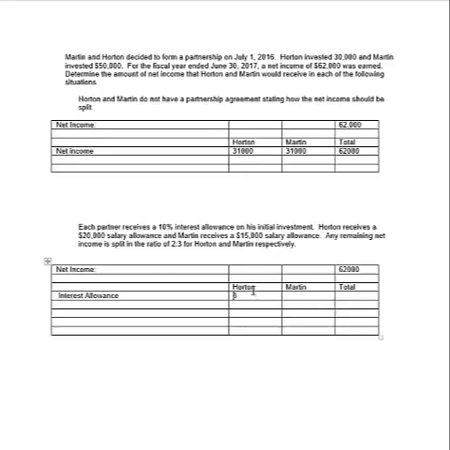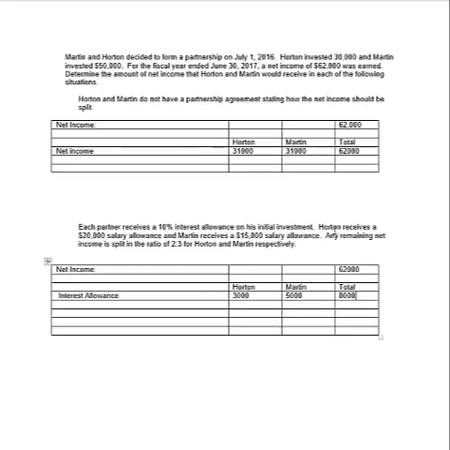That equals $3,000. Martin invested $50,000. He gets 10% of $50,000, so that's $5,000 for Martin, a total of $8,000. So far we've given out $8,000 in the net income.